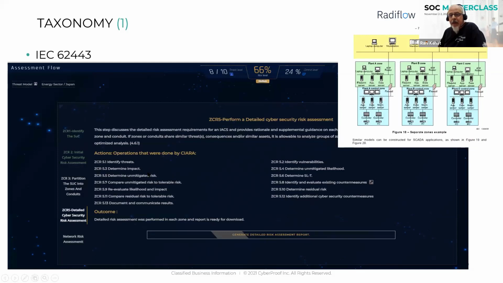Define the zones, define the likelihood, and so on and so forth. So the way the cyber standard works is exactly according to the methodology of risk, and we'll look also a little bit at the NIST to show the full methodology.